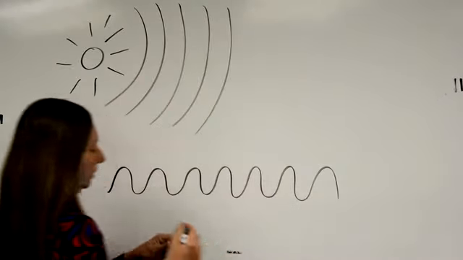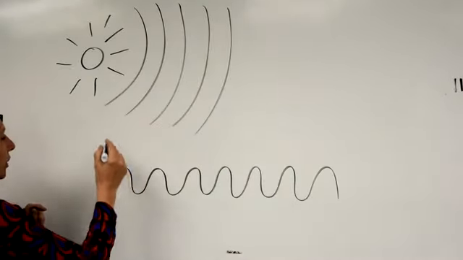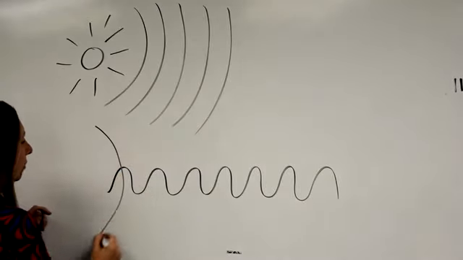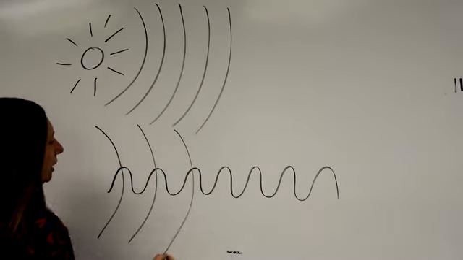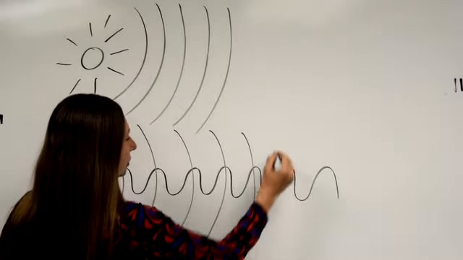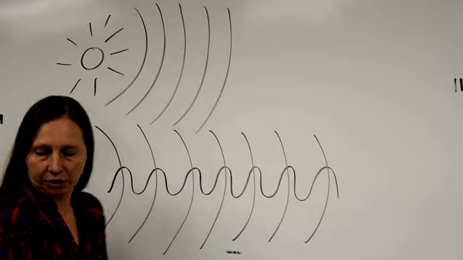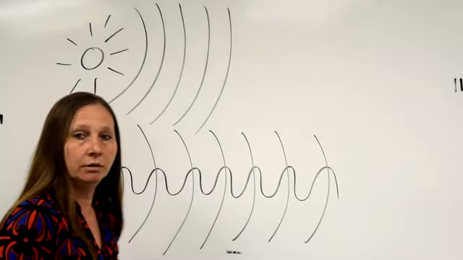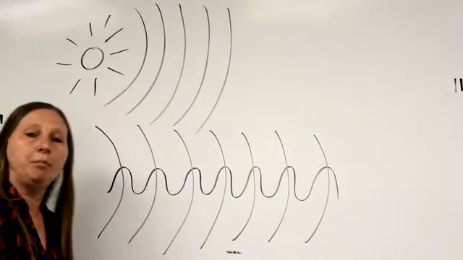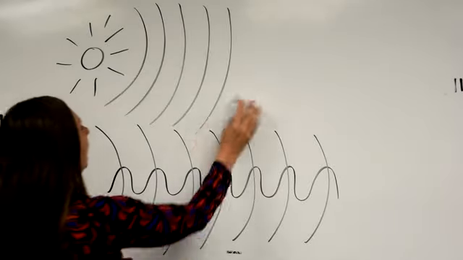So wherever there's a crest, you're drawing a wave front. Let's call this high frequency. If I spread them out, it's low frequency. So this could be purple or violet, high frequency light.